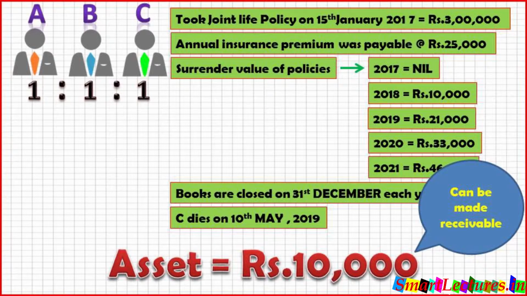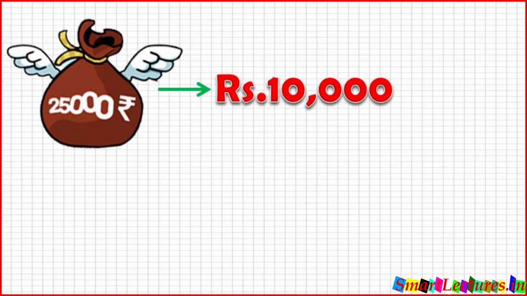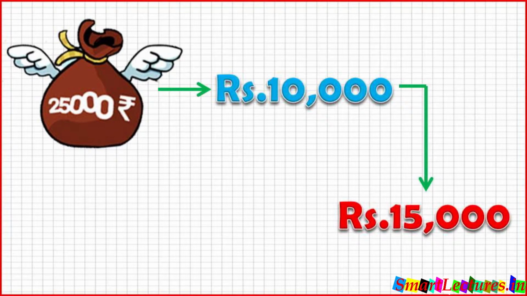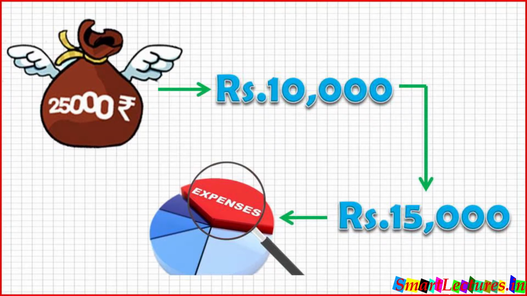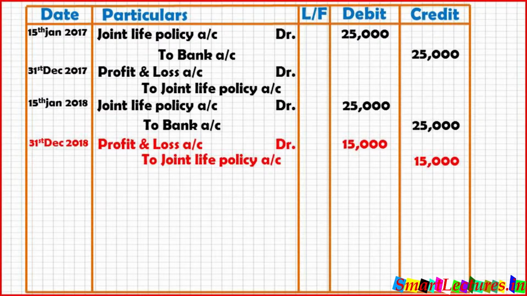So out of 25,000, we could create only 10,000 rupees as an asset and the remaining part of 15,000 will be treated as an expense. So what will be the journal entry? As on 31st December, profit and loss account debit to joint life policy account rupees 15,000.